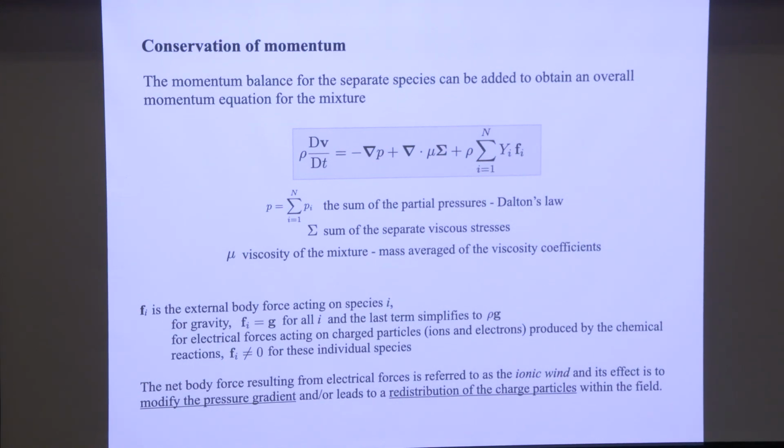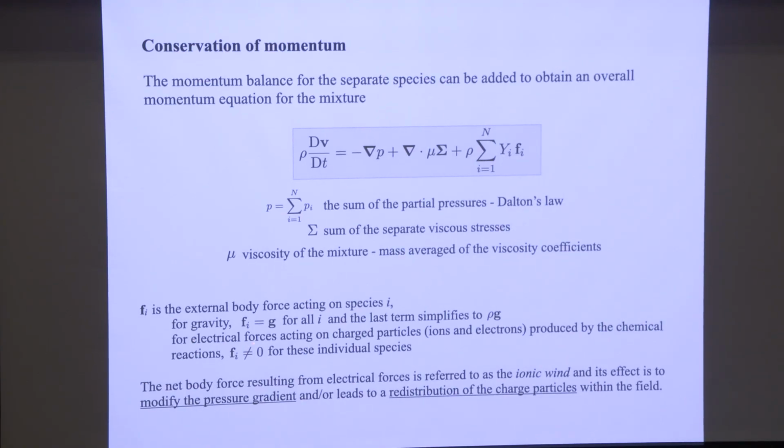But now, in general, if the only body force is gravity, gravity acts on all the species equally. But sometimes there are other body forces that can act on some species and not others. That's why there is an Fi, which is the body force on species i.